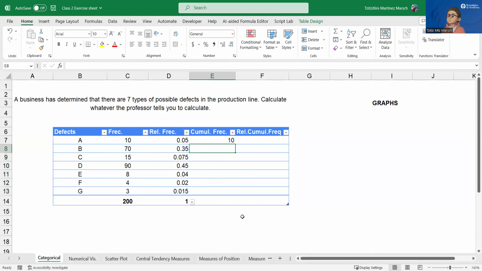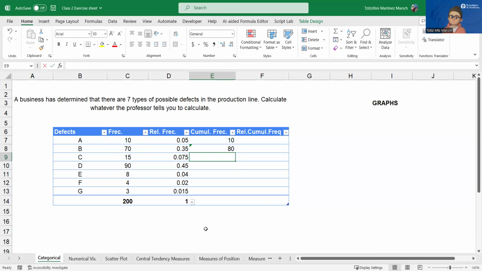But now what we'll do is, what would we have as a cumulative frequency for defect B? So defect B, since it's cumulative, what we want is the accumulation of it. So we'll have the defect A, which in this case is going to be these 10, plus our frequency for defect B, which is 70.